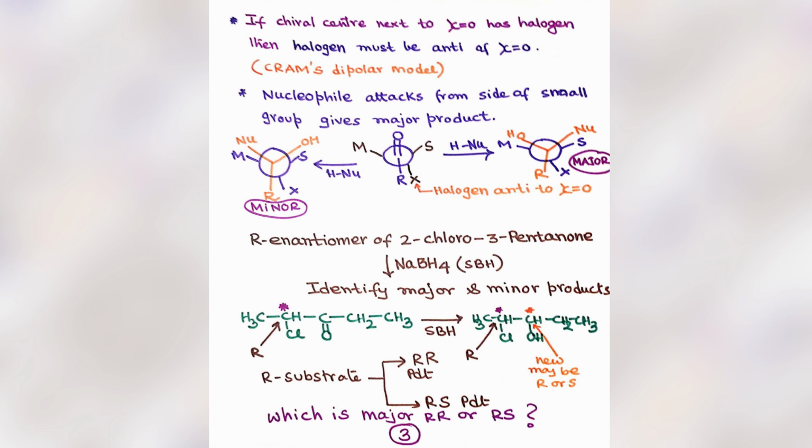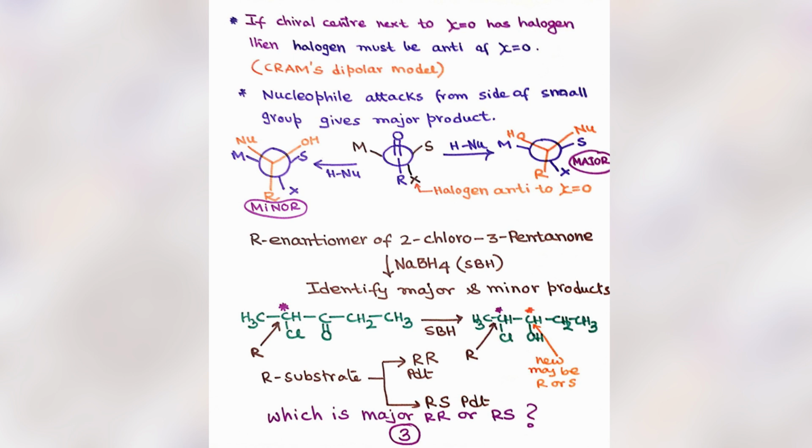Means, according to Cram, if the chiral center adjacent to the C=O contains a halogen, then irrespective of the size of the halogen, we have to place the halogen anti with respect to C=O, and after that, the C=O being in between the two groups, the reagent will approach from the side of the smaller of those two groups, leading to the major diastereomer.